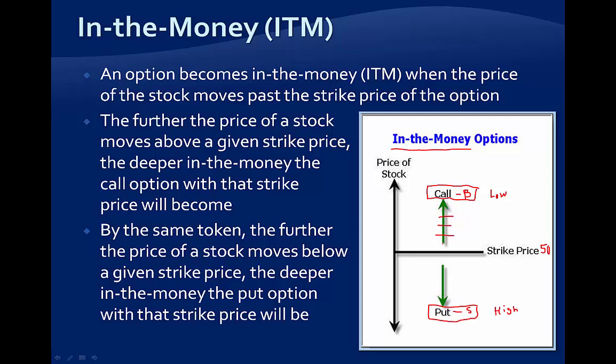Now, when we flip that around for puts, it changes things, right? Because with puts, we want the ability to be able to sell high. So if I bought the 50 strike puts, what do I want the stock to do? Well, I want it to go down. And if the price of the stock is going down, and I still have a locked in price to sell it at 50, my put option is in the money and it's gaining value as that stock falls to 48, 46, 44, 42.